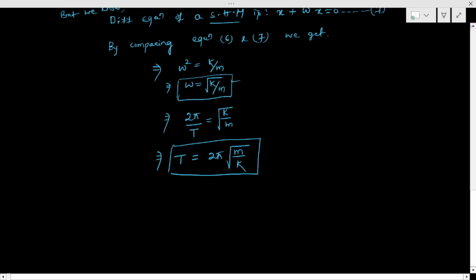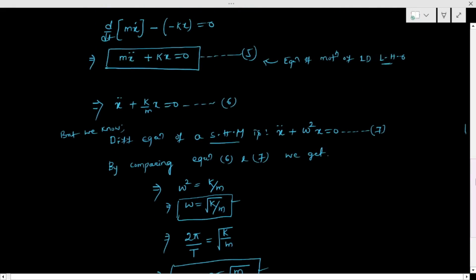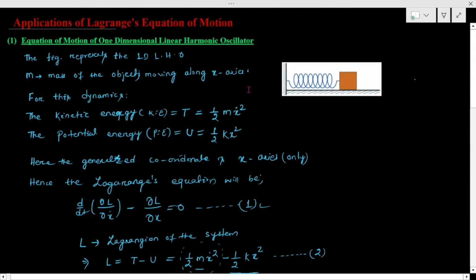If you remember this one, automatically you can remember the other. So here we found the equation of motion of the one dimensional harmonic oscillator is represented by equation number 5 or equation number 6.